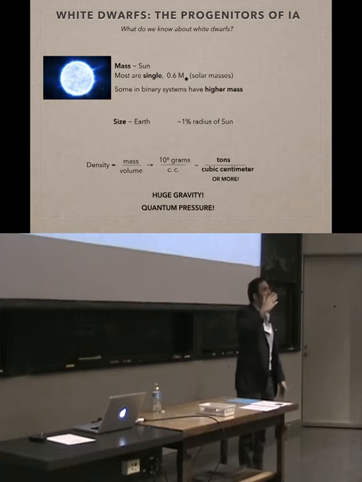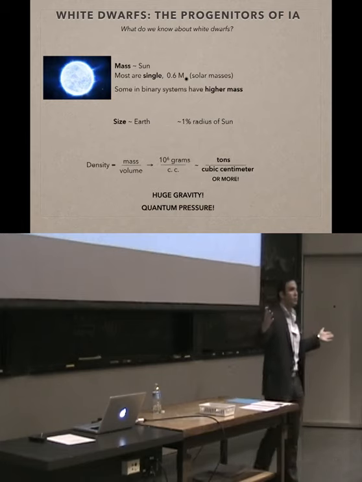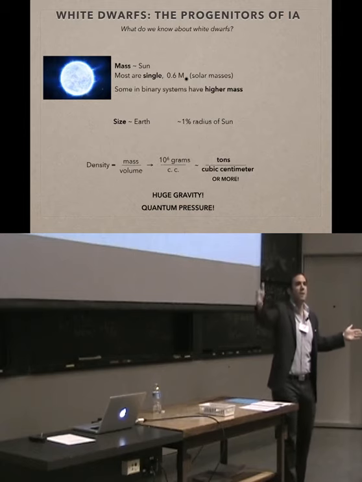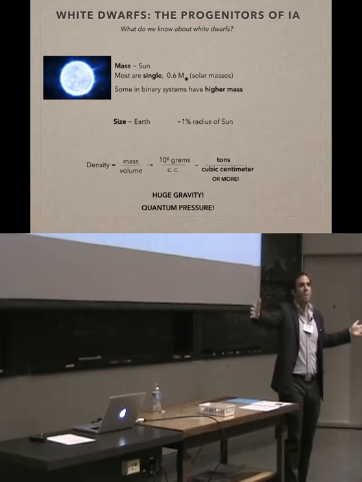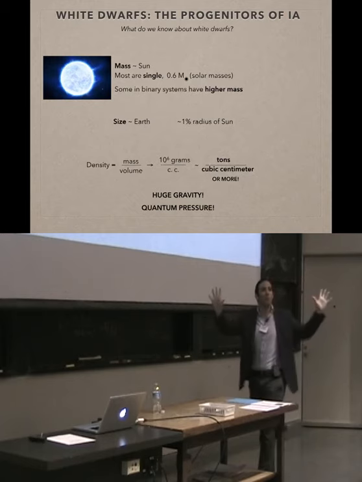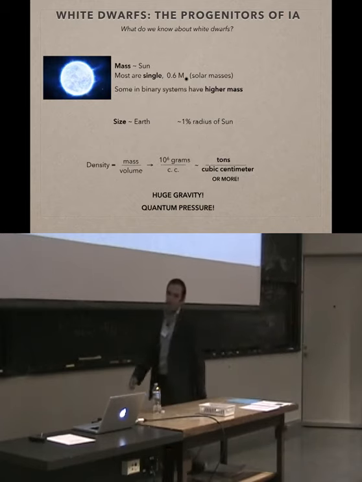Under regular conditions for single stars, it just cools over time. Over billions of years, it becomes a black dwarf, because it just cools peacefully for eternity.